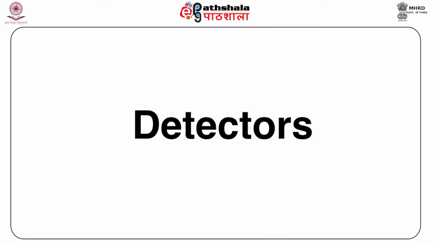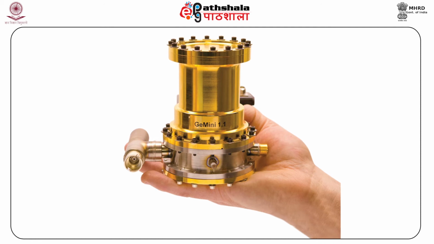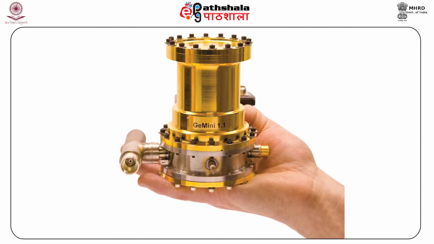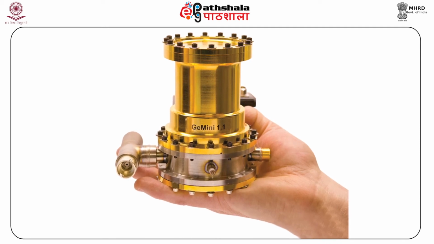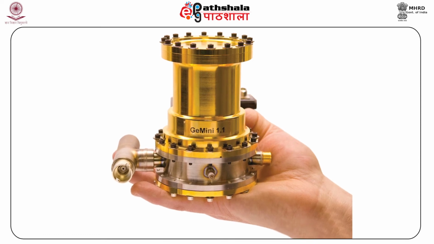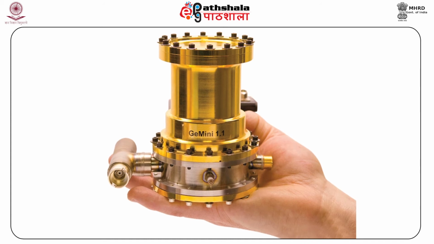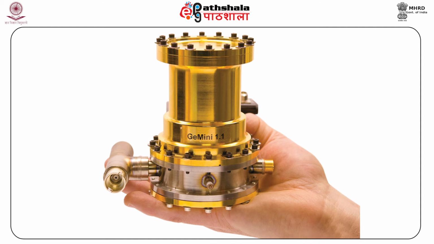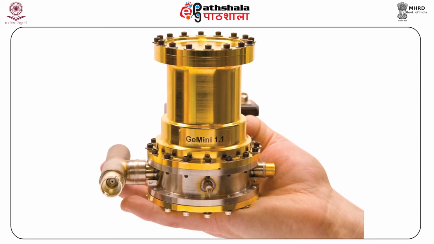Now moving on to detectors. Various detectors are used in neutron activation analysis. Most are designed to detect the emitted gamma radiation. Various types of gamma detectors used in this analysis are the gas ionization type, scintillation type, and the semiconductor type.